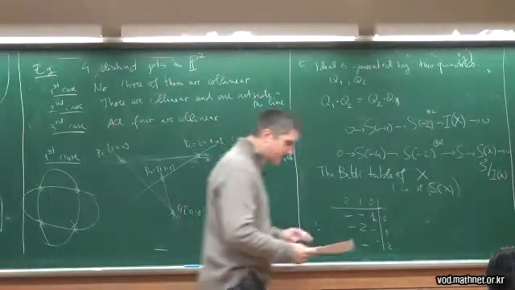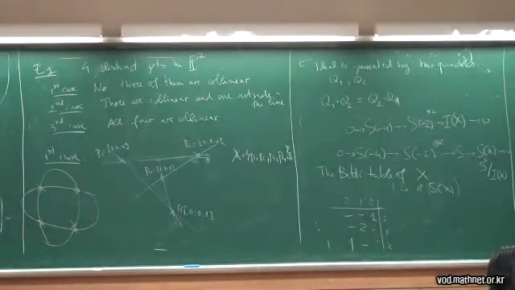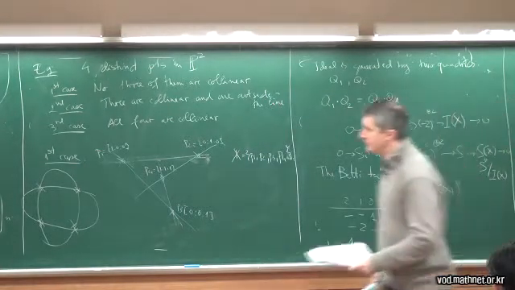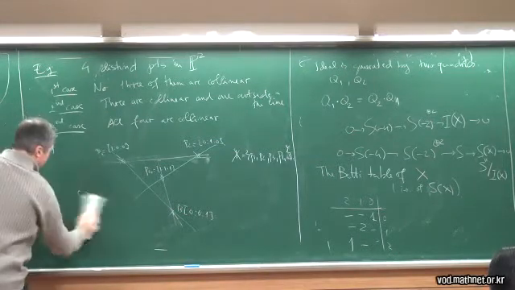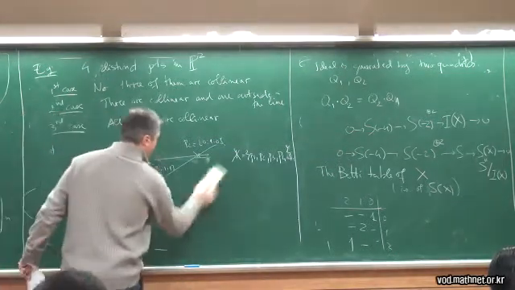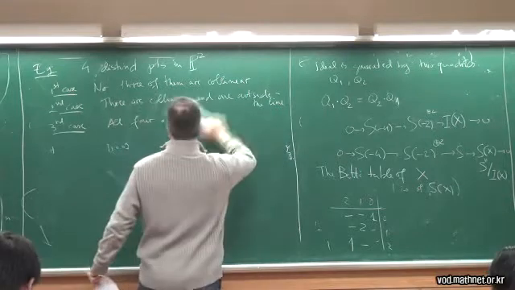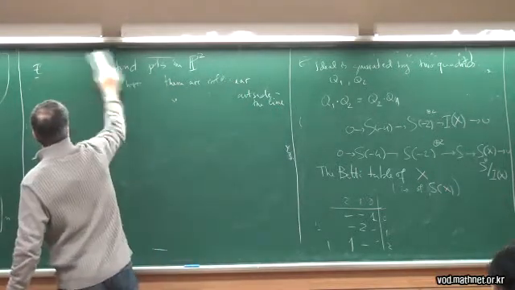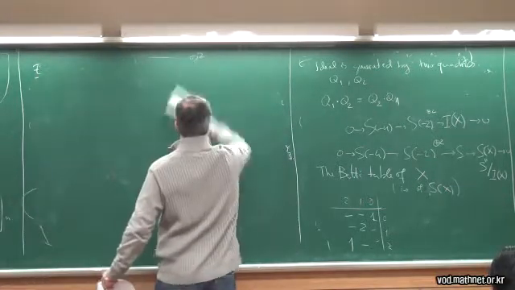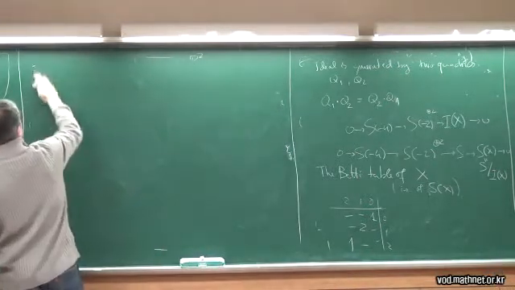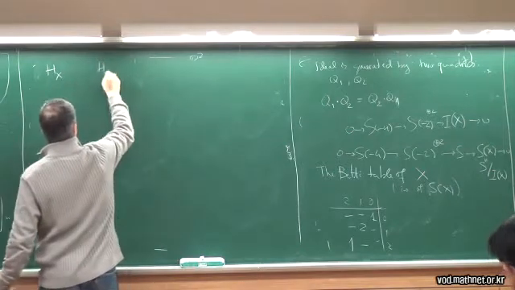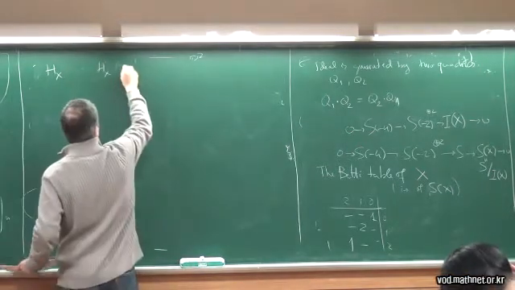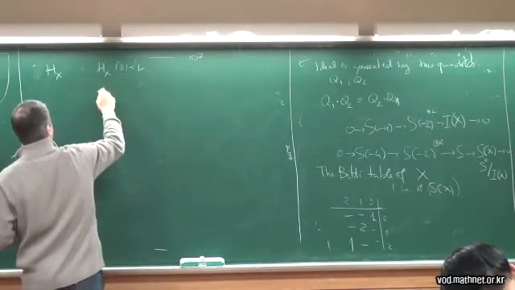So if we apply the formula, we get the Hilbert function. H_X will be the following. H_X of 0 is 1, of course.